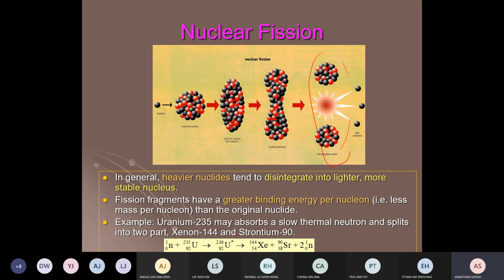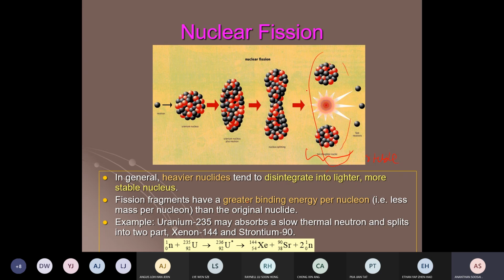So remember, guys, this is the naturally occurring fission process. Definitely the product is more stable. More stable means the product has a greater binding energy per nucleon.